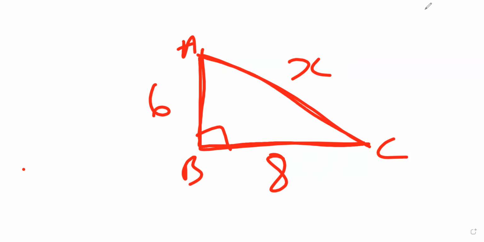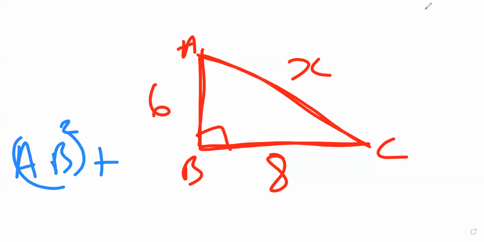So we could say AB, let me change my color to blue. I could say AB squared plus, let me see, I'm going to need some space here. So let's write this over here.